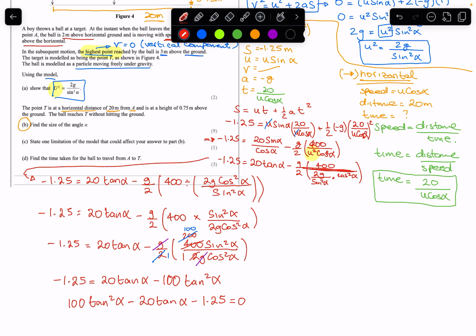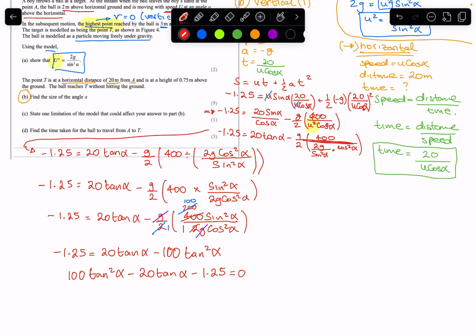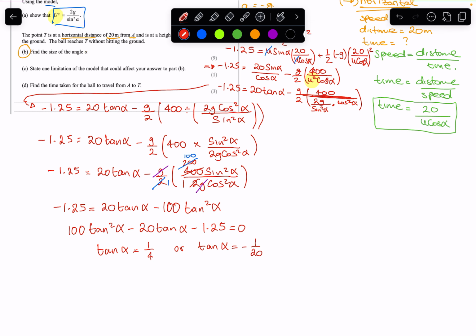If I put this into my calculator, or you can use the quadratic formula, it should give me tan alpha as 1 over 4, or tan alpha as equal to minus 1 over 20. In this case, because my angle needs to be positive, I'm going to ignore the negative value, and I'm going to focus on tan alpha is equal to a quarter.